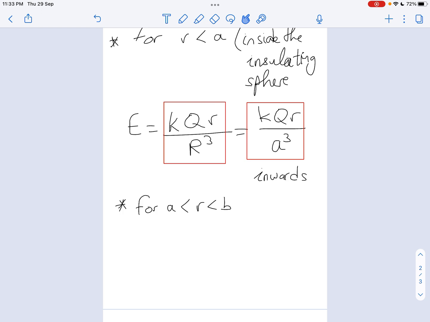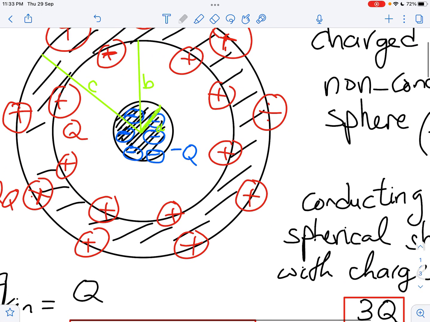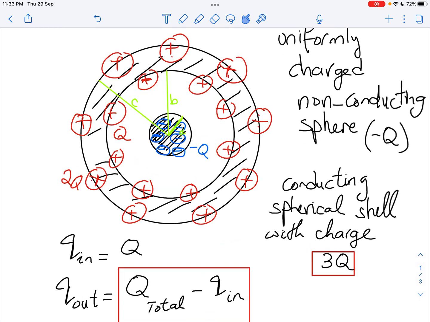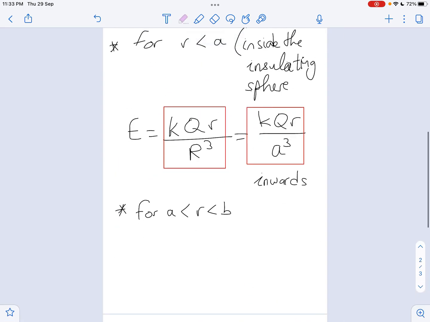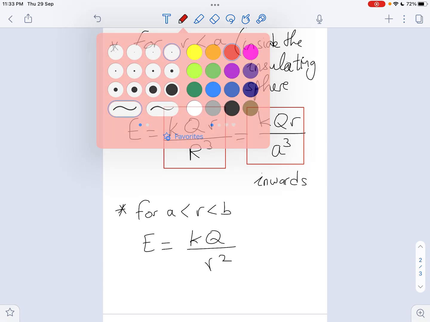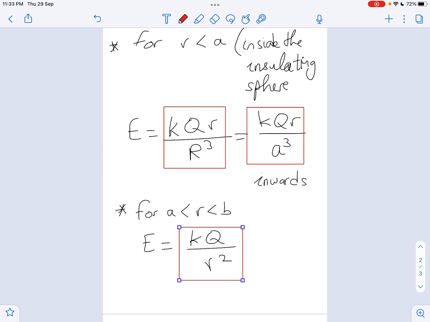If you apply Gauss's law with any imaginary surface here, what is inside that Gaussian surface is only the non-conducting sphere, and we already know the electric field outside the sphere. It is K multiplied by the charge of the sphere, Q, over r squared. That's the electric field between the sphere and the spherical shell. It's also inwards because the charge of the sphere is negative.